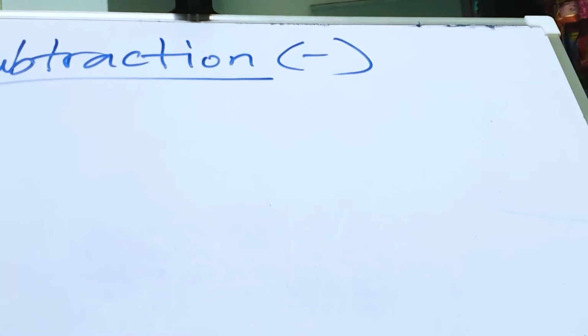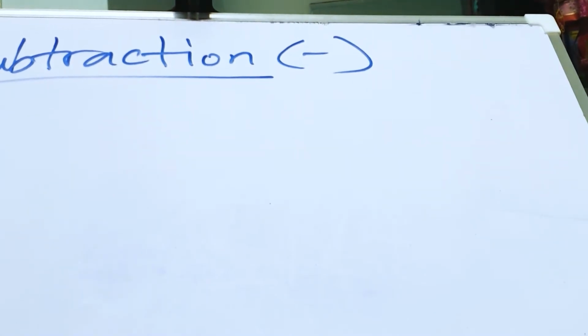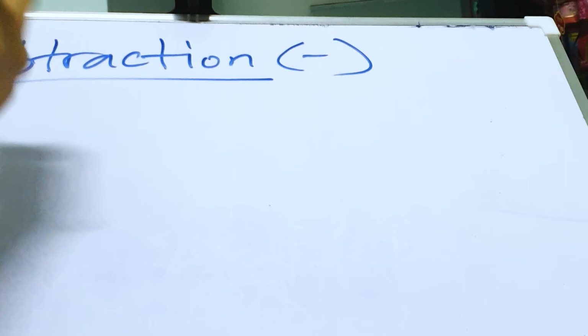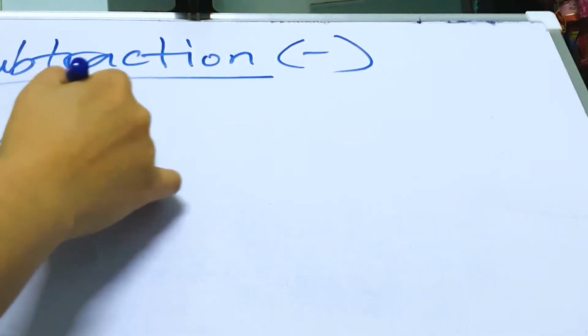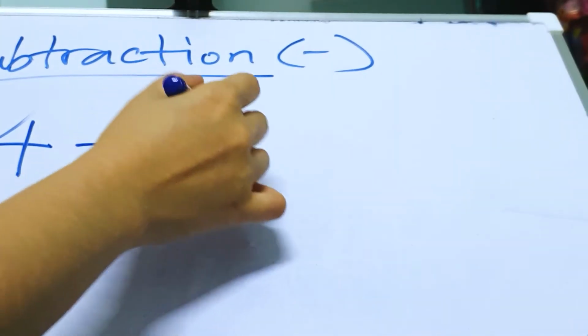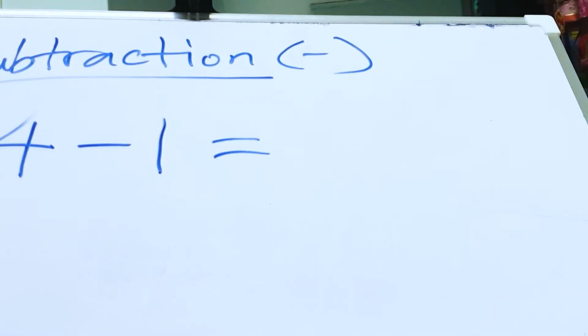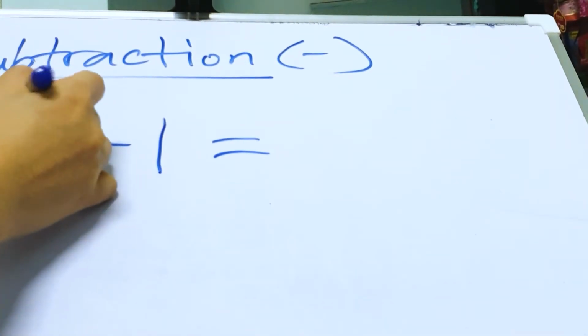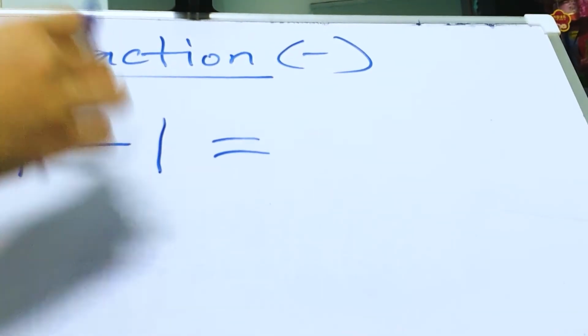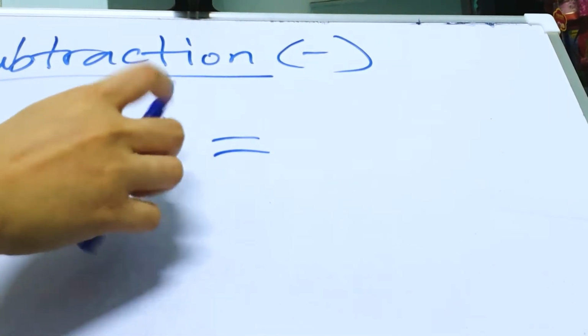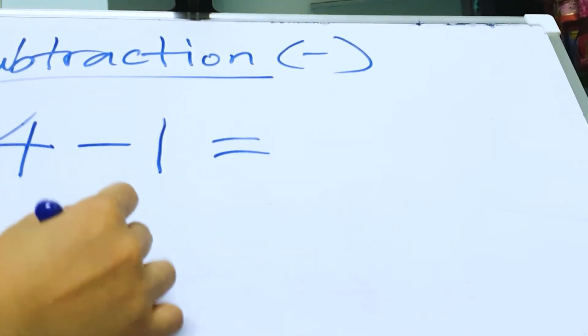What is subtraction? Are you sure? I don't understand what subtraction is. Subtraction means take away. I don't understand what take away is. Now, if they don't know, for example, I have 4 minus 1. The first thing you need to draw for plus is totally different.